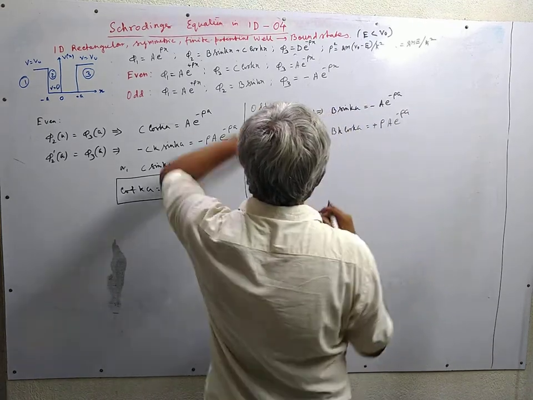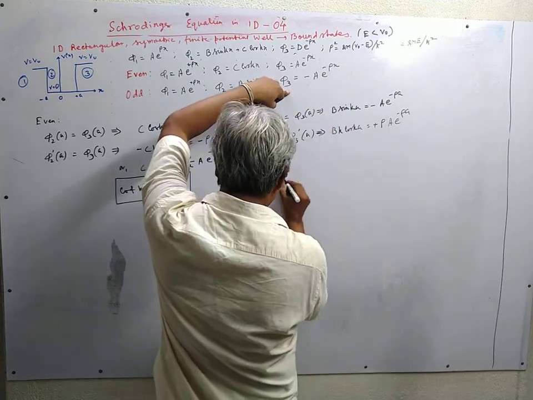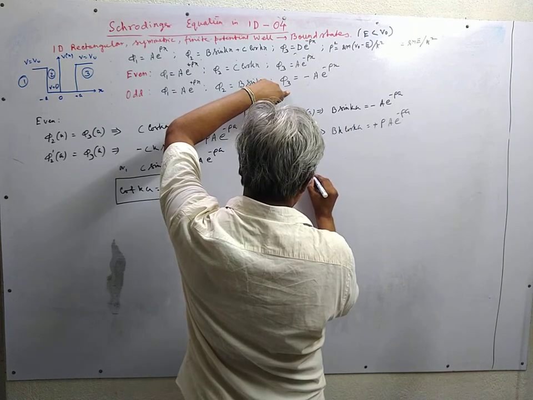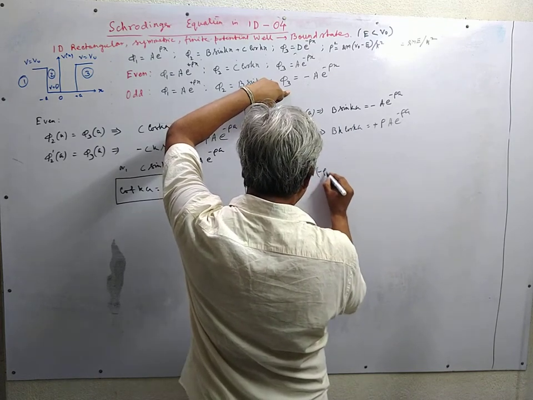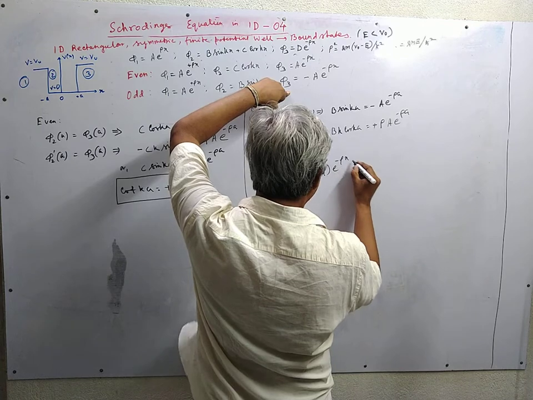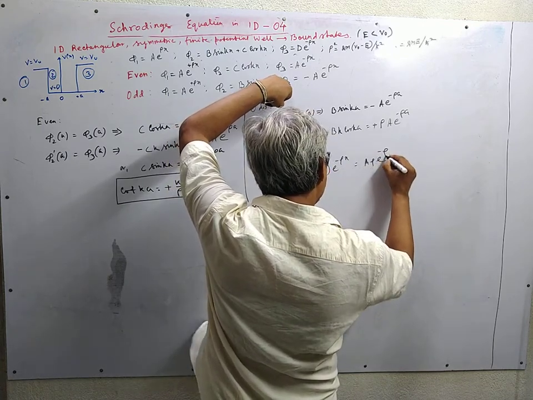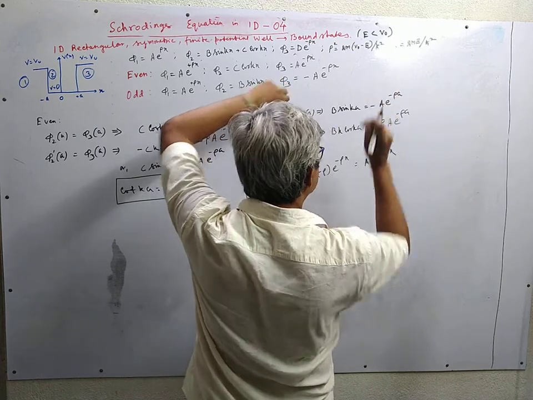So check this: phi 3 is equal to minus A e to the power minus rho x, so this is rho A e to the power minus rho x at x is equal to a.